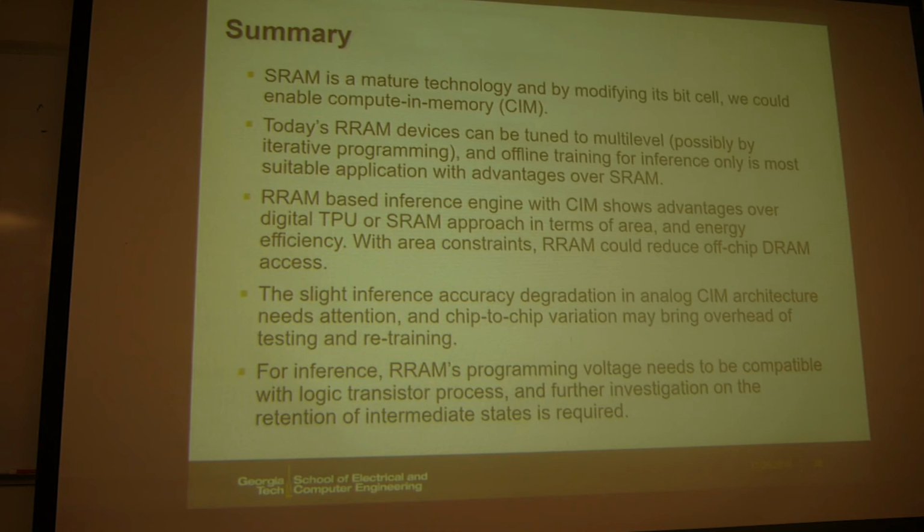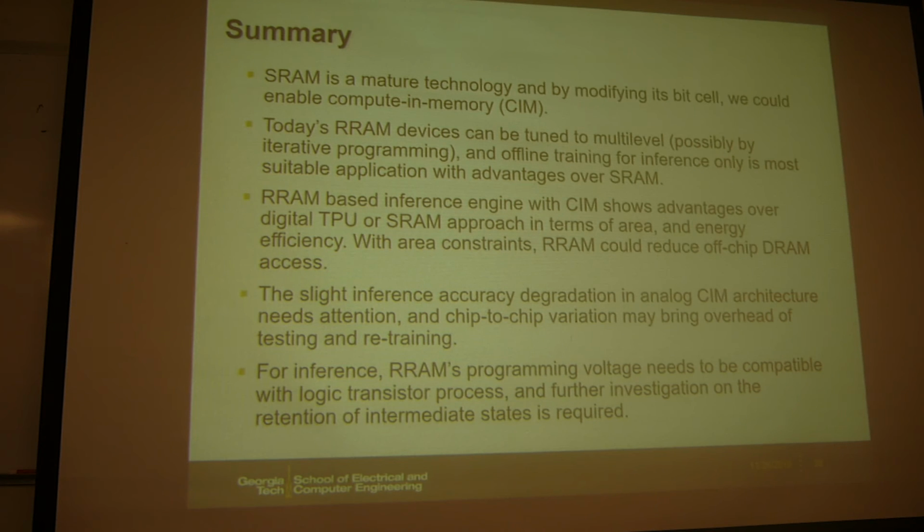Okay, so a quick summary. We talked about machine learning accelerators, and of course, the industry's mainstream is to develop the digital approach like a TPU. You build the MAC using multipliers and adders, digital circuits, and then you optimize the data flow. But we still see that the challenge or bottleneck in those designs is the memory access, because in that design you still need to access memory somewhere from the buffer.